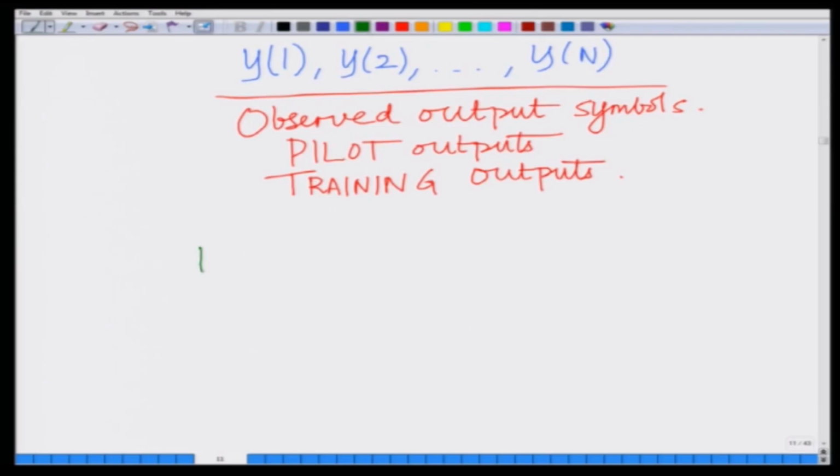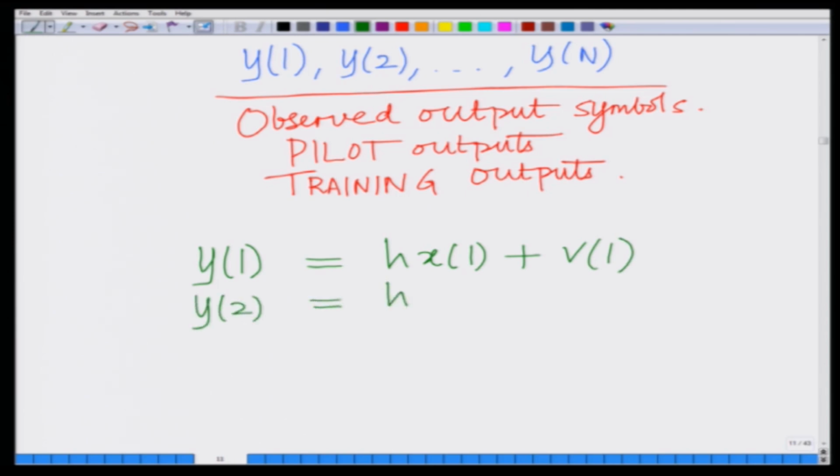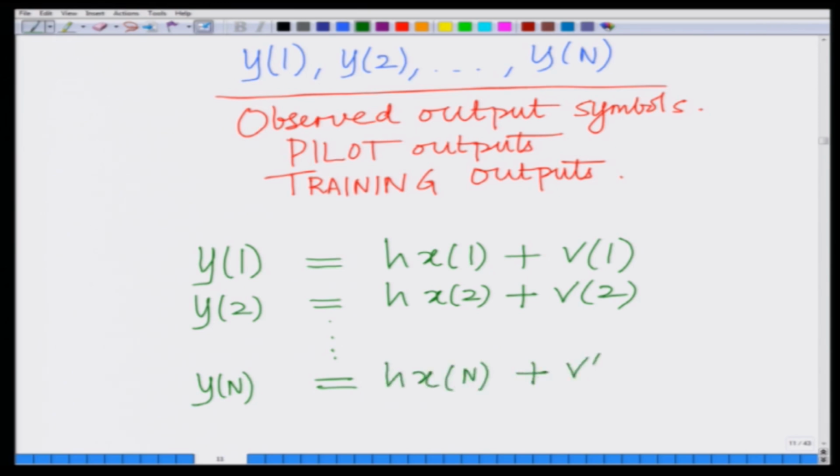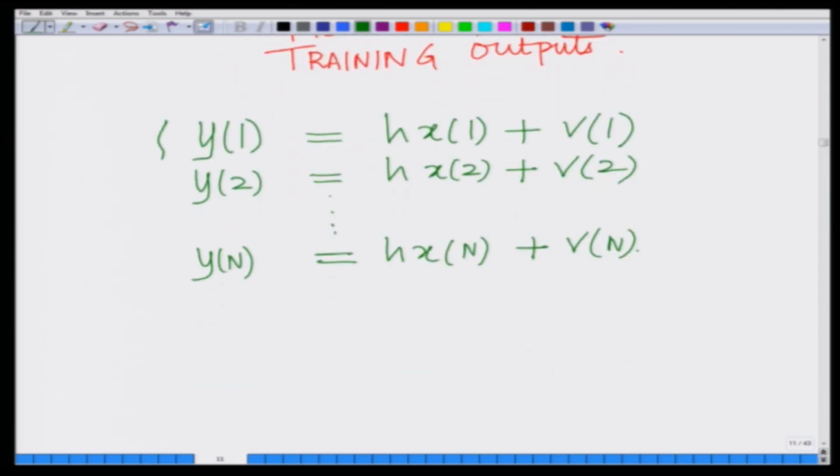We have y1 equals h times x1 plus v1, y2 equals h times x2 plus v2, so on and so forth. We have yn equals h times xn plus vn.